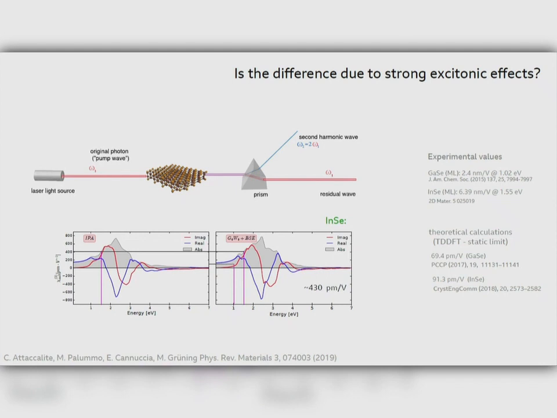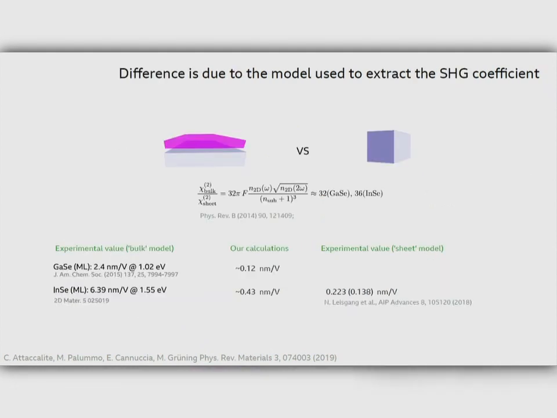But anyway, we are again more than one order of magnitude smaller than the experiment for both gallium selenide and indium selenide. So we argued that the issue was that in the experimental works, they used a bulk model to extract the second harmonic intensity from the measurement.